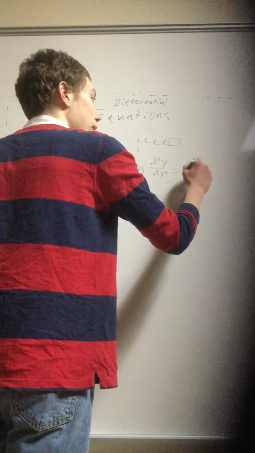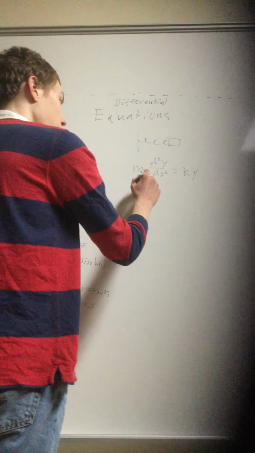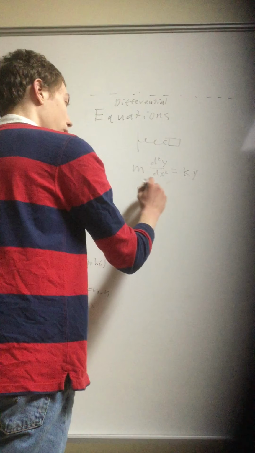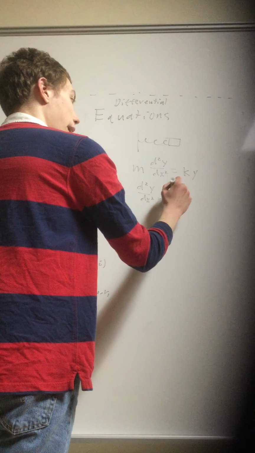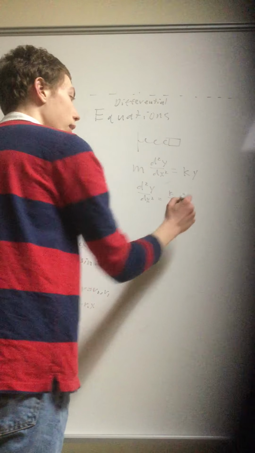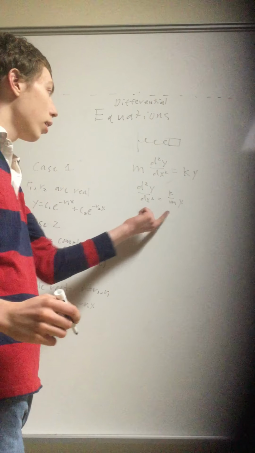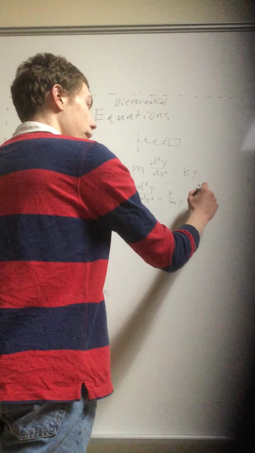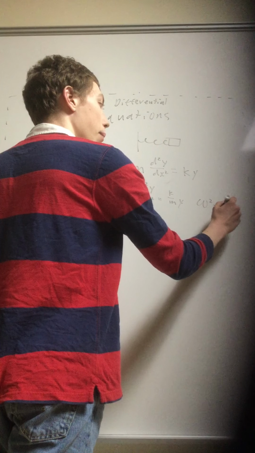This is equal to k times y. So we could write this as d squared y over dx squared equals k over m y. In differential equations, it's very common to take a variable and rename it. So in our case, we're going to say that omega squared is equal to k over m.